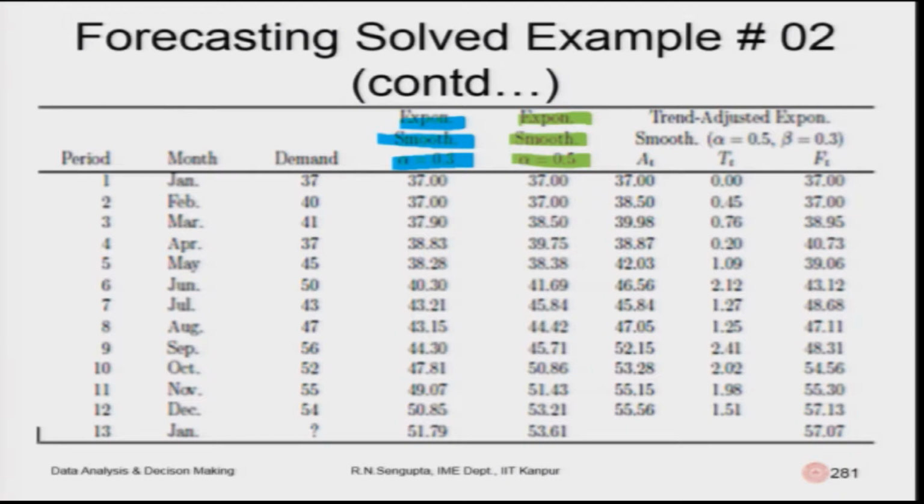Because T naught is 0, based on that you go step by step, first find out the values of A and T at the particular time, and utilize those values of A and T to predict F for the next time period.